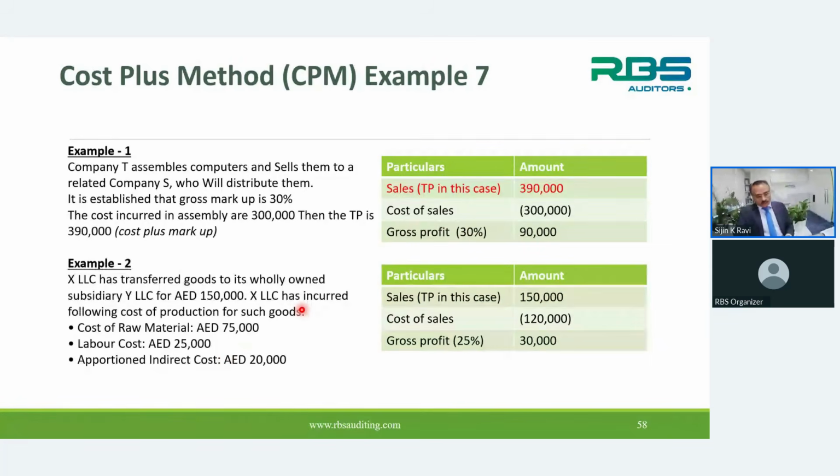So total cost together is 120,000, then a 25% markup for the normal product is added, then the TP price will be 150,000. So in the cost plus method, initially you have to arrive at whatever cost is involved for that product, then add the markup with the percentage of GP. Then you will get the transfer price.